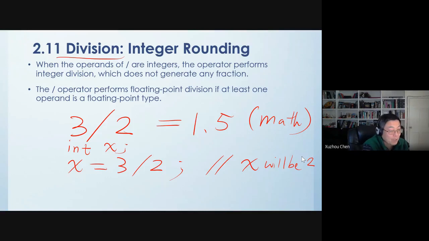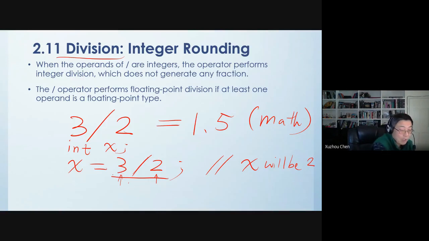So when Java looks at this expression, it looks at the first number 3, it's an integer, and then the division, and then the second number is also an integer.